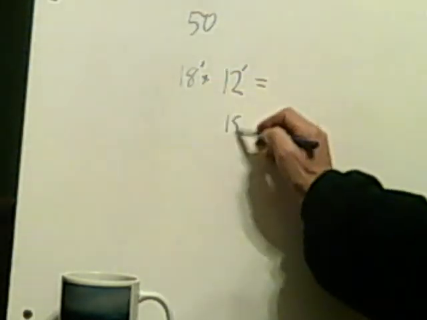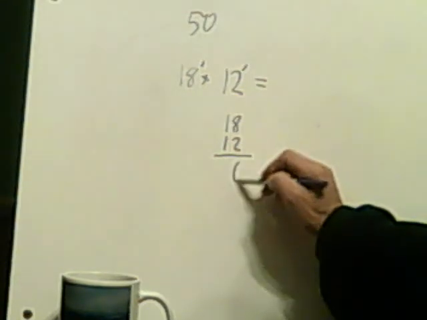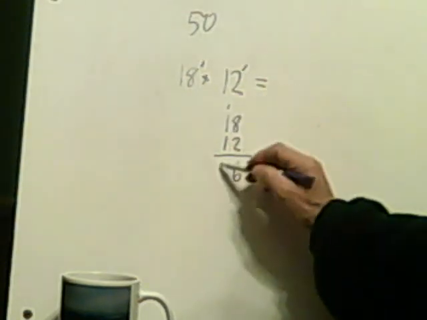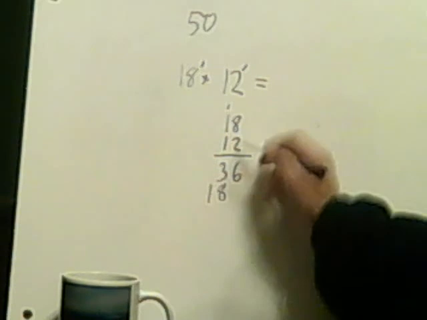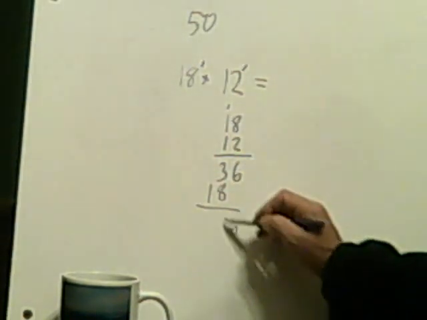Okay, I won't use my calculator. I'll just do that out. 8 times 2 is 16, carry the 1. That's 36, and 18. Yeah, I knew 18 times 2 is 36. I could have just written that down. Okay, 216.